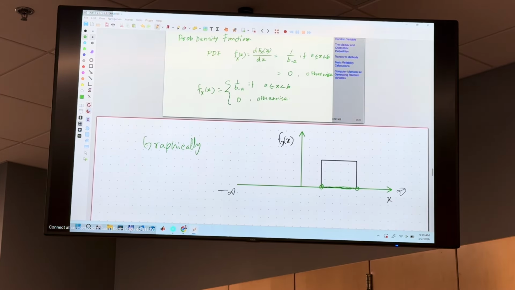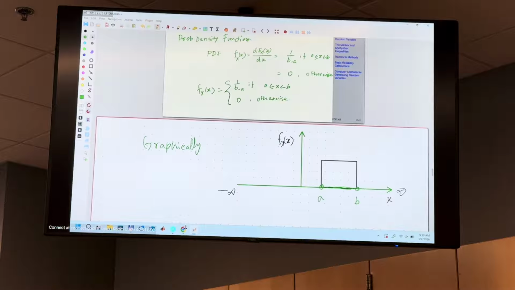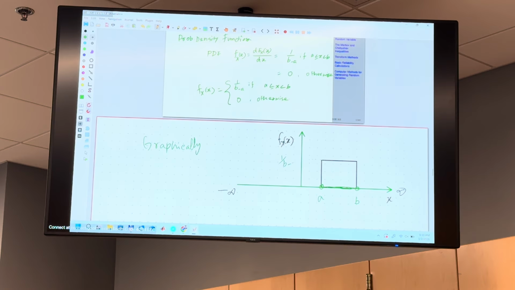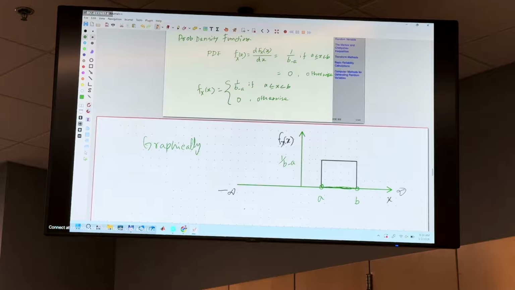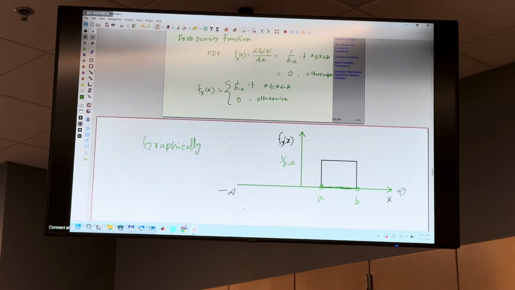So this is your A, this is your B, and this is going to be 1 over B minus A. That's how we define the probability density function.